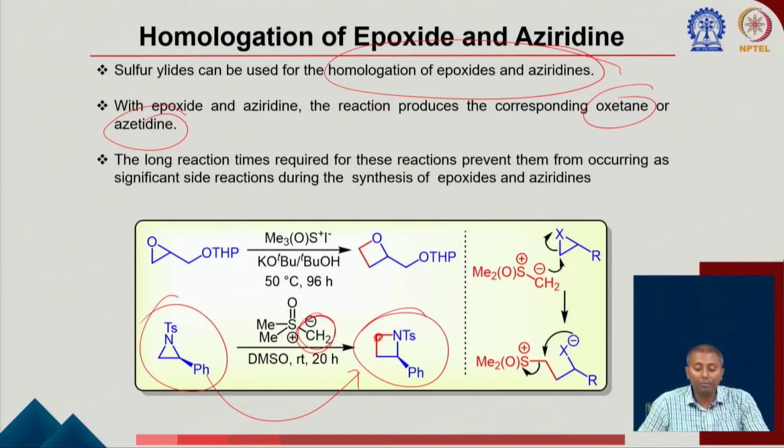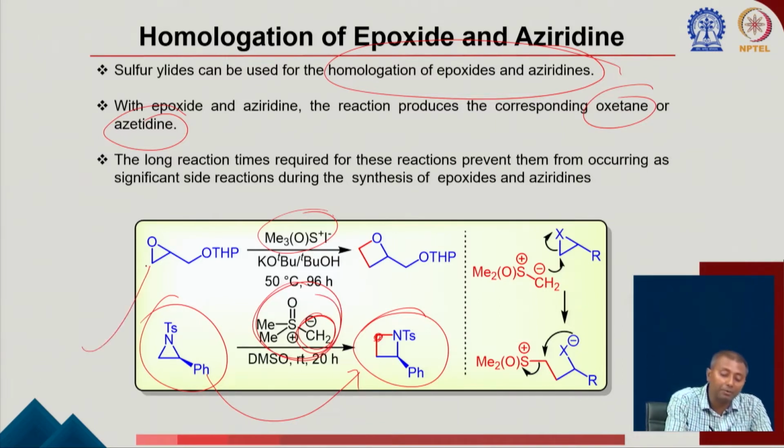Again, you can see if you use potassium tert-butoxide, that can generate this compound here, which can be generated in situ, and now it can attack the terminal position to open up the epoxide, and now this O minus can attack the corresponding CH2 to get rid of the SOMe and get to the corresponding oxetane compound.